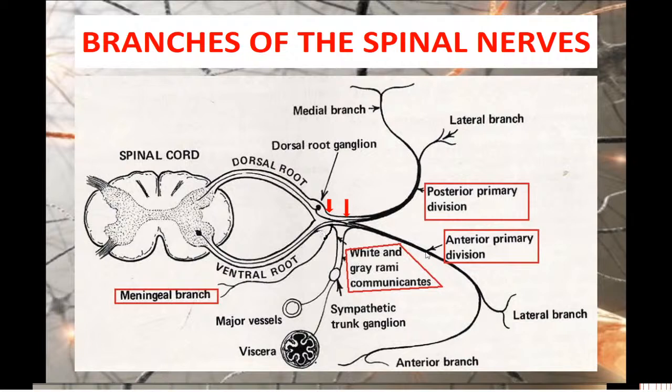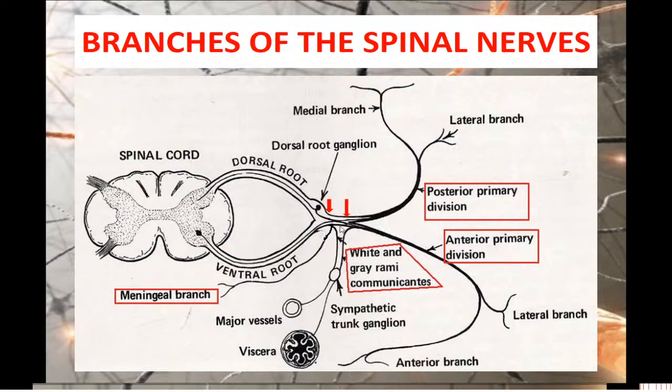First one is the anterior primary branch or ramus anterior. Then is the posterior primary branch or ramus posterior. Meningeal branch, which returns back through the intervertebral foramen to the vertebral canal and supplies the dura mater spinalis. And communicating branches.